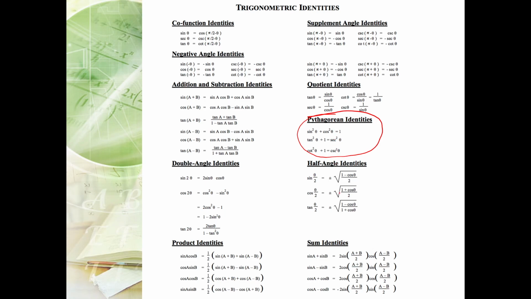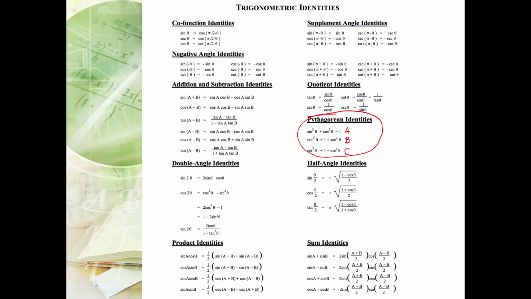Sine squared theta plus cosine squared theta is equal to 1. Then tangent squared theta plus 1 is equal to secant squared theta. And lastly, cotangent squared theta plus 1 is equal to cosecant squared theta. Notice each equation will be used per type: this is for type A, this is for type B, and for type C.